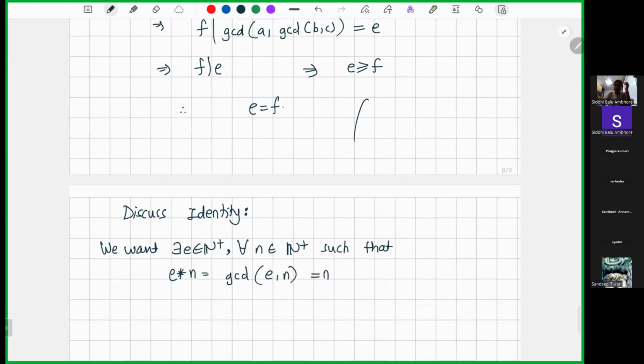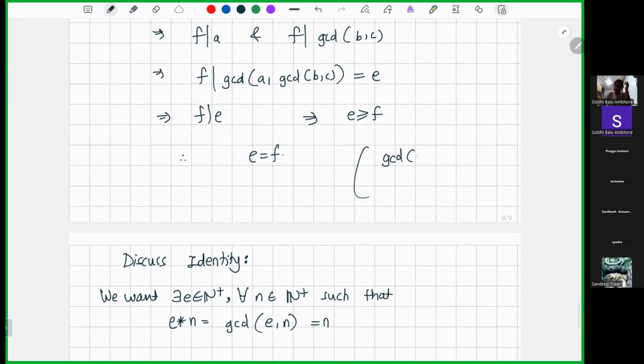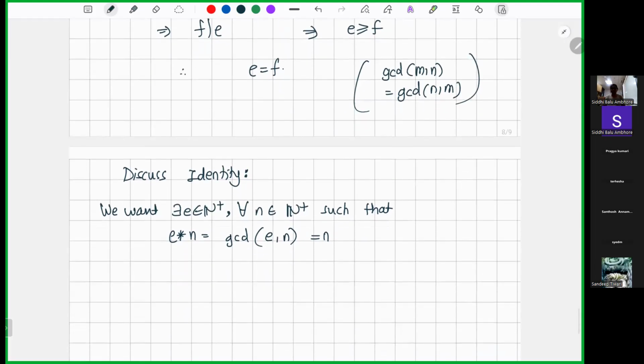Note that this is commutative, that GCD of m comma n is equal to GCD of n and m. That's not a problem here. When we write the definition of identity, we also write it this way, that it should satisfy both ways. So identity element is such that it commutes with every element of the group. The group itself need not be abelian, but identity must commute with every other element. But here we do not need to check this condition.